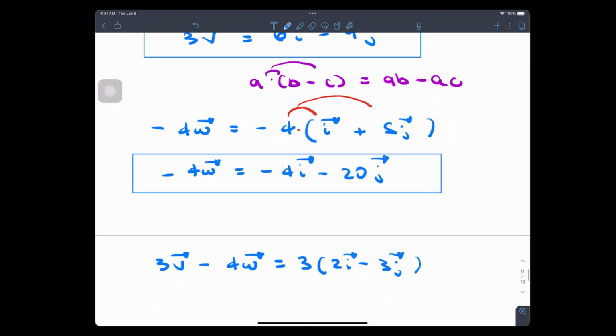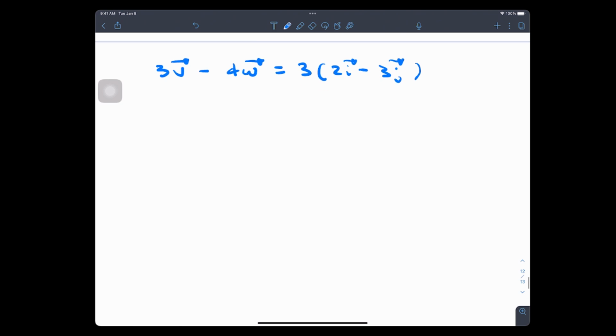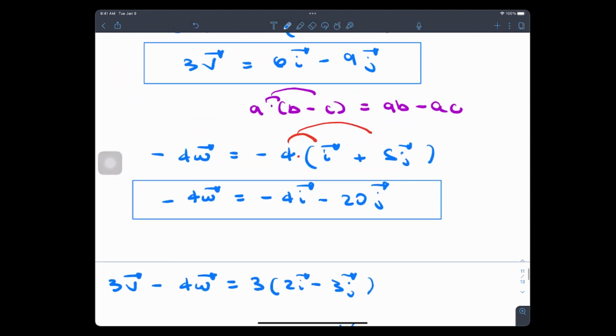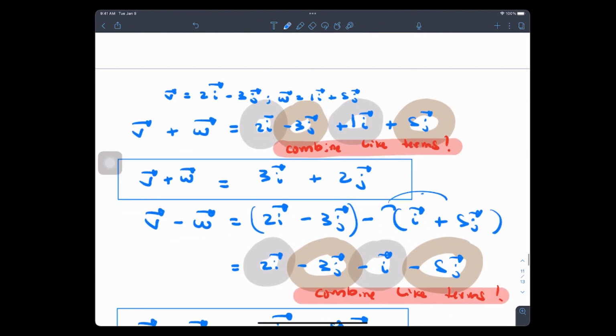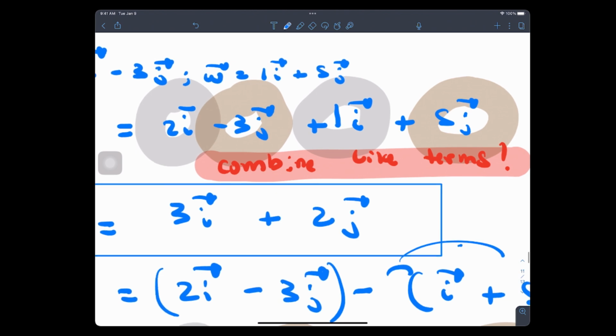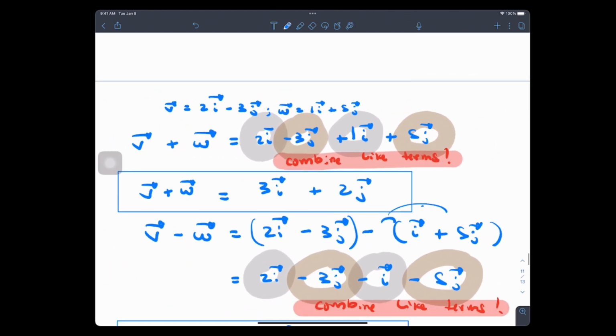But what if they gave you this from the beginning? You go, I didn't do the prior work. So if they gave this to you from the beginning, where maybe you didn't even do the prior work on this, maybe that's what happened. Minus 4 times W. What is W? 1I plus 5J, also known as I plus 5J.